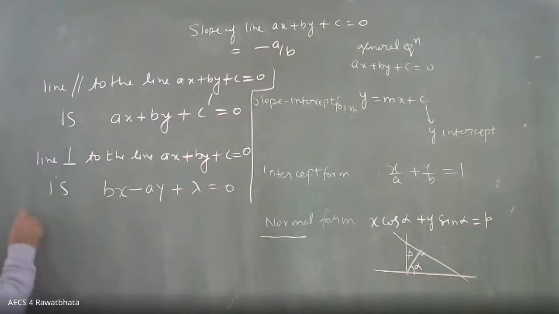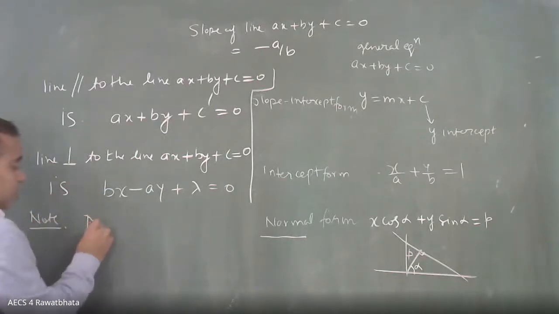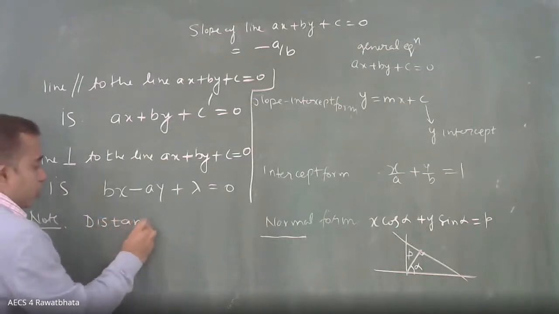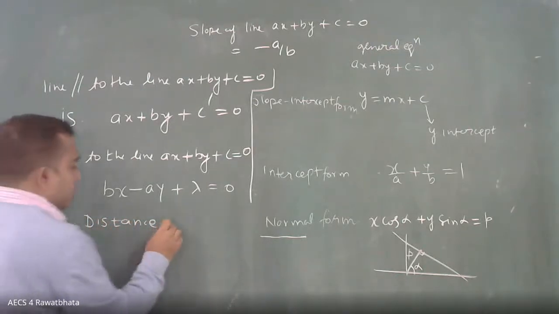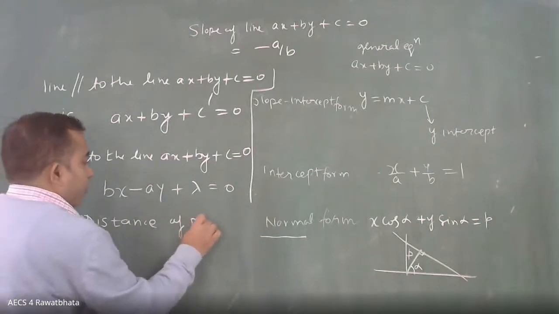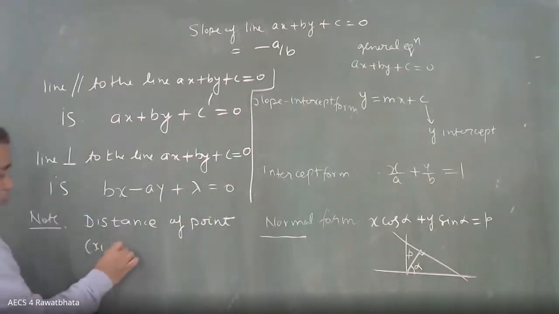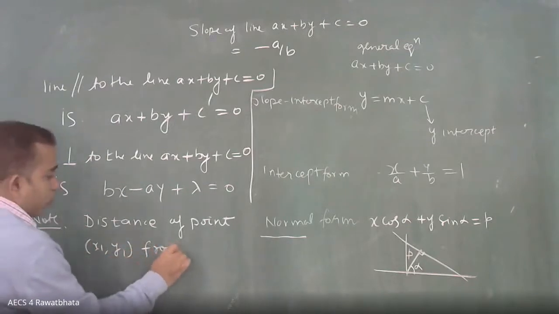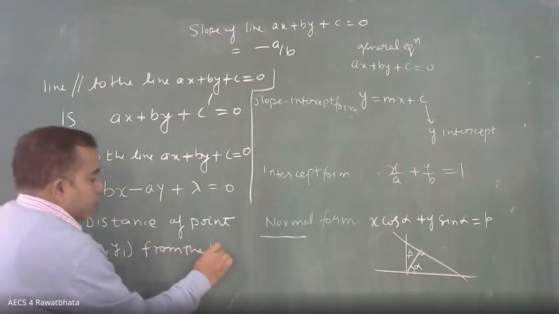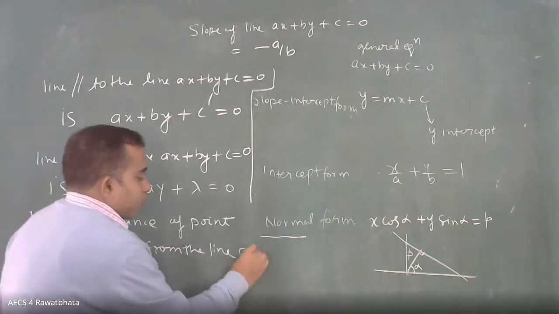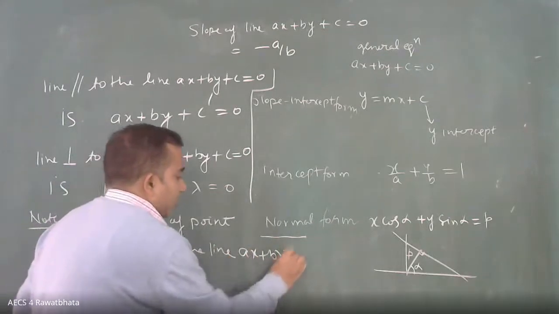This is one more thing that I think we did not discuss, the distance, that you can note, of the point x1 y1 from the line ax plus by plus c equal to 0.